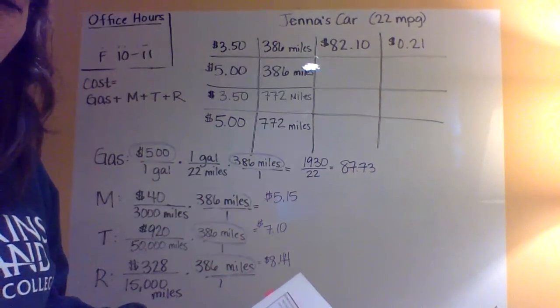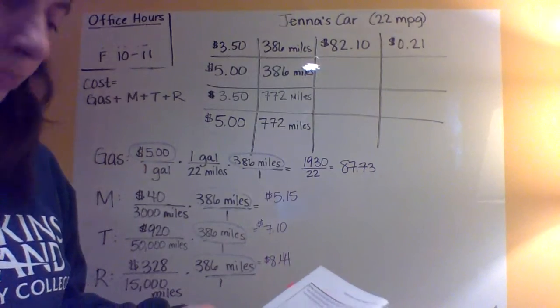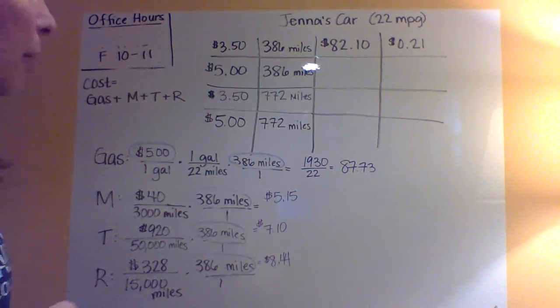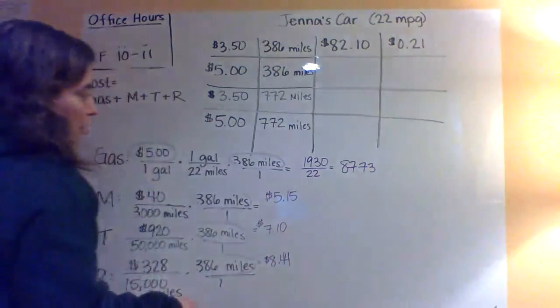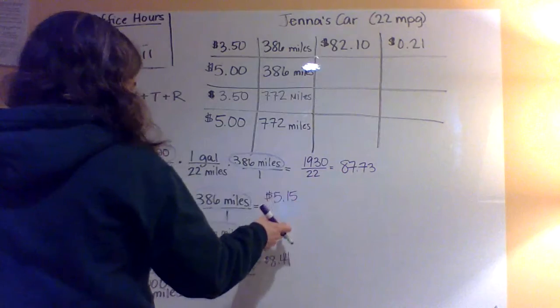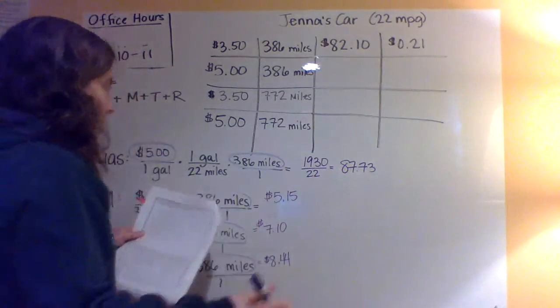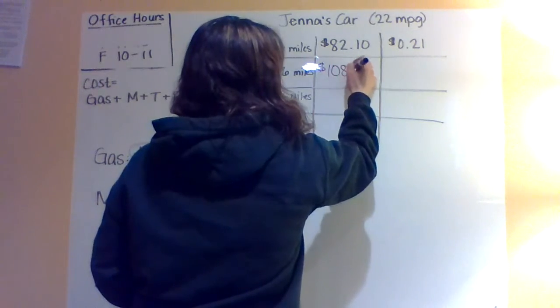Okay, so hopefully you actually stopped the video and did this. This is going to be $87.73 rounded to the nearest penny with the $5 in there. I then add maintenance, tires, repair. I'm going to get $108.42.